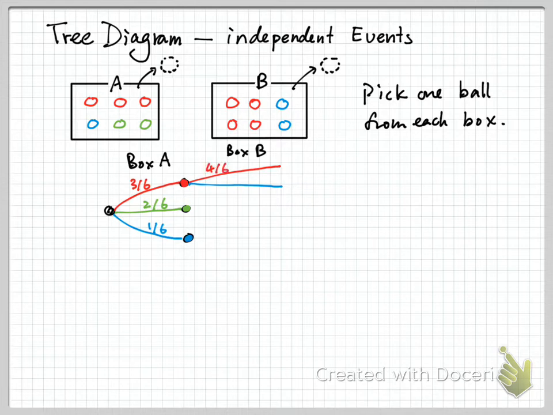To have a blue, it is 2 out of 6, because of the number of balls in box B. We can duplicate these branches and apply them to the other events. So it will be like this: the red branch will be 4 out of 6, and the blue branch will be 2 out of 6. So at the end, we have all these events now.